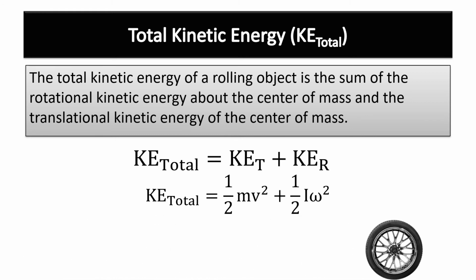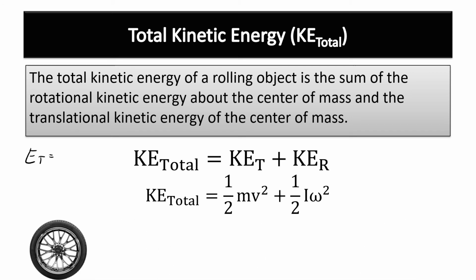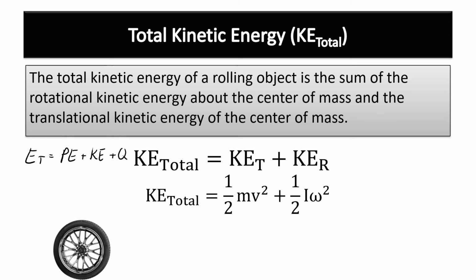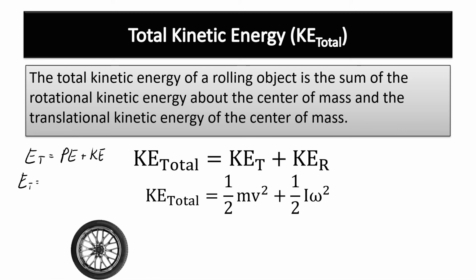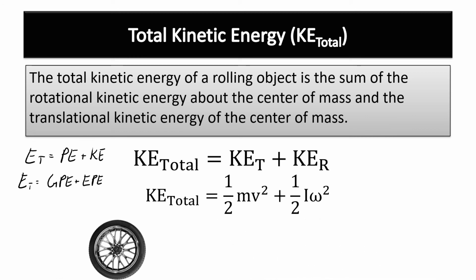And now we could do super interesting problems with the conservation of energy. Remember, we were like, oh, the total energy is equal to the potential plus the kinetic plus the internal energy. We won't do one with friction, right? For this class, we've learned about two types of potential energy. I call it GPE for gravitational potential energy plus EPE for elastic potential energy.